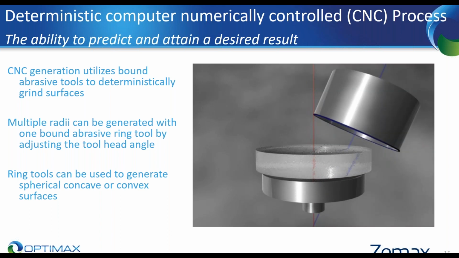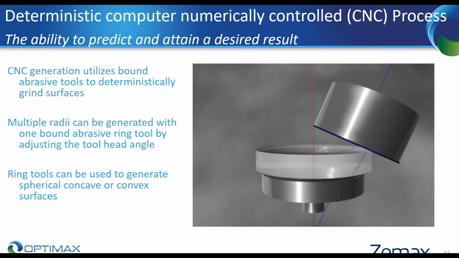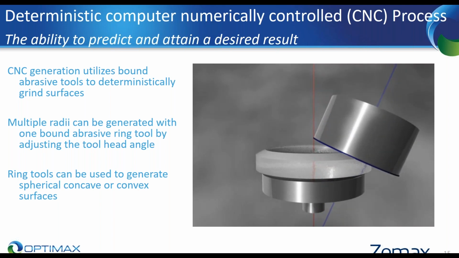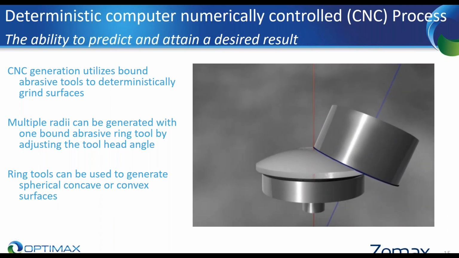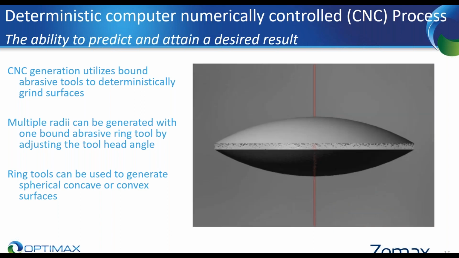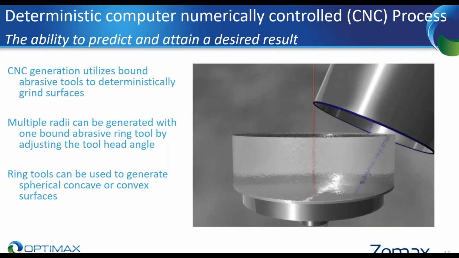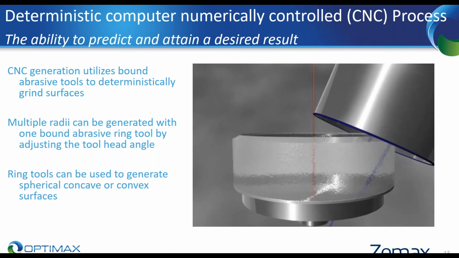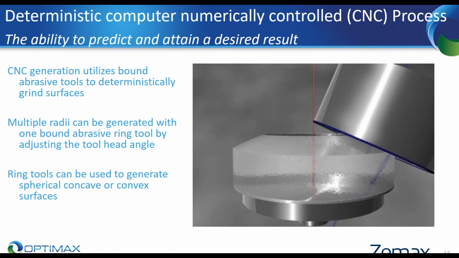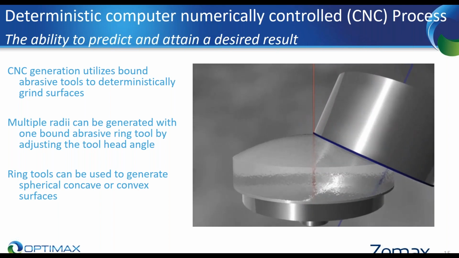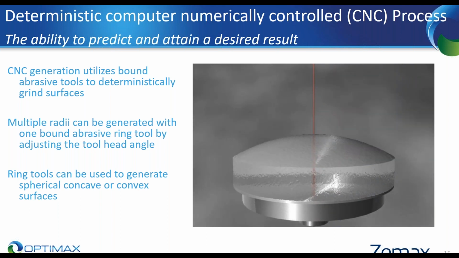The CNC generation process utilizes a bound abrasive tool, and I have on the right-hand side an animation, hopefully everyone's seeing okay, of a diamond ring tool removing material off of a surface and creating a spherical radius. This obviously is optimized. In real life, it does not go quite this fast, but this gives a good illustration of how the ring tool is used to deterministically grind these surfaces.